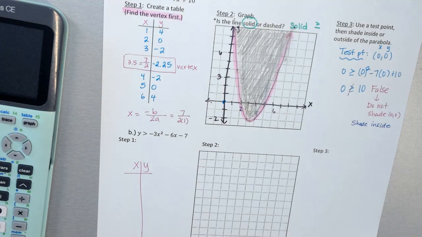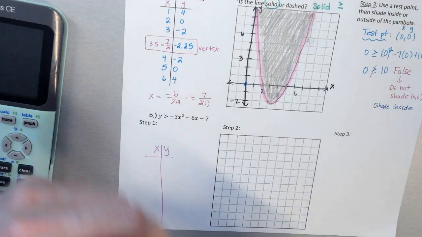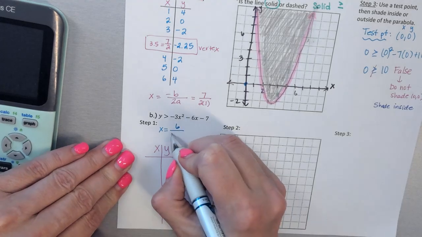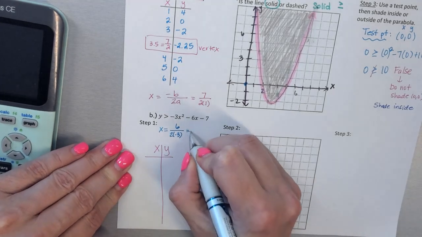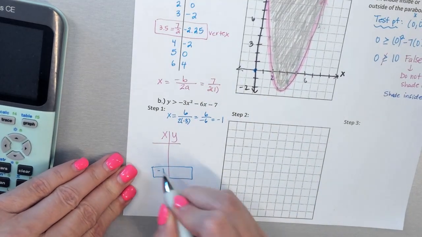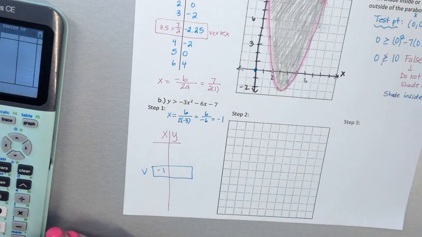All right, let's double check how we did setting up the table. So I asked you guys to find your x value. So the opposite of b is 6 over 2 times negative 3. 6 divided by negative 6 is negative 1. So that's just going to go right in the center of your table.